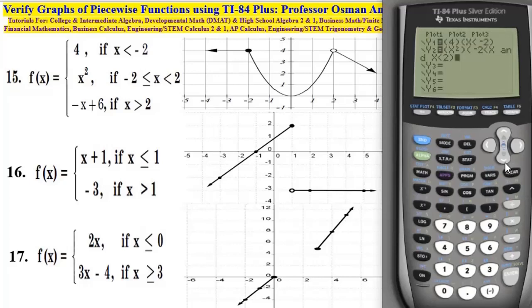And it is minus x plus 6, and this is valid when x is greater than 2.